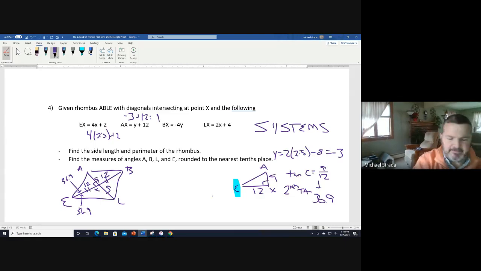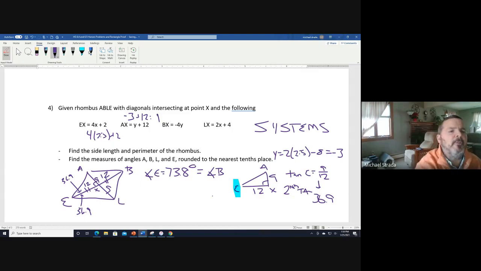So that means, in fact, angle E is going to be the 36.9 times 2, which gives me 73.8. So angle E is 73.8 degrees. And so is angle B, because they're opposite angles. So E and B are both 73.8.